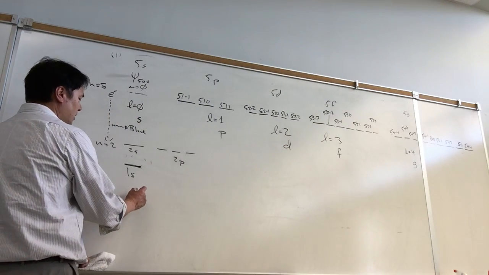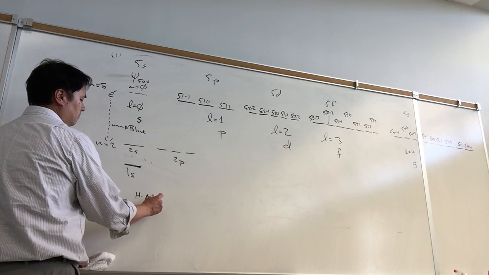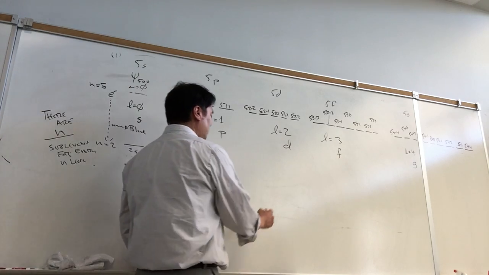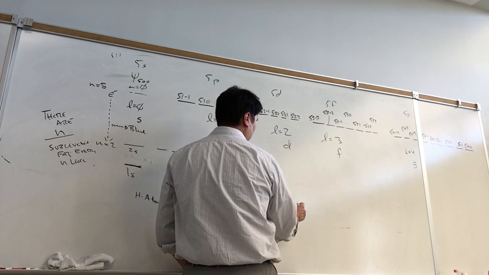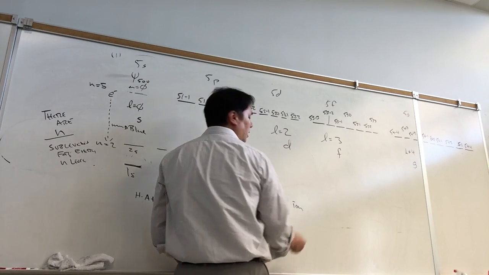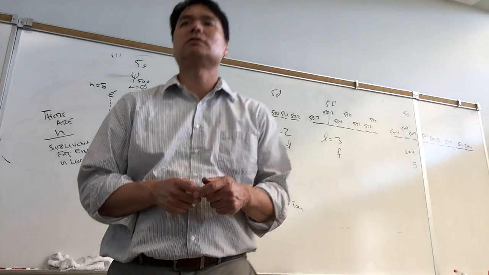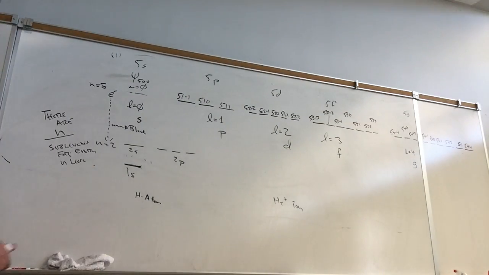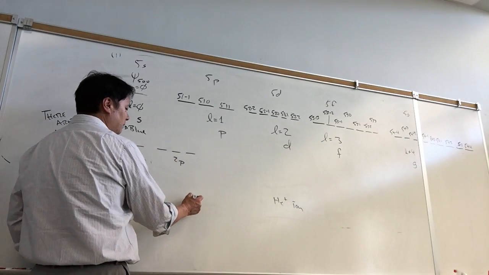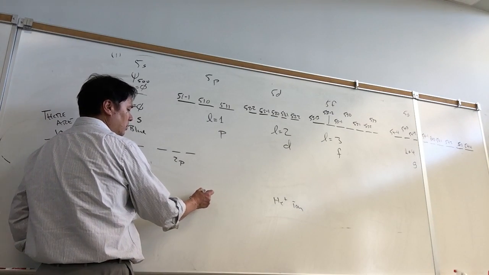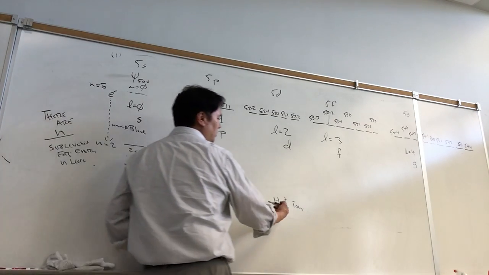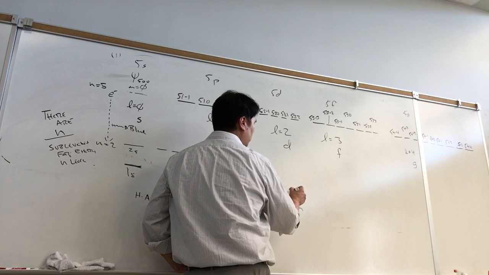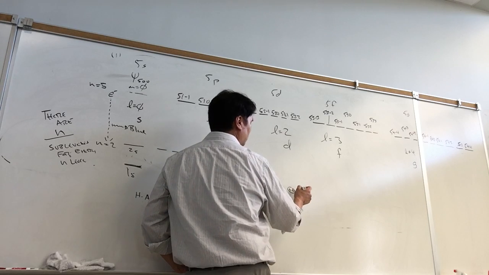This is for the H atom. If we do something like the He plus ion, helium normally has 2 electrons. If you knock one of them off, then it'll be 1 electron. So the difference here is the H atom has 1 proton and 1 electron, while the He plus ion has 2 protons and 1 electron.